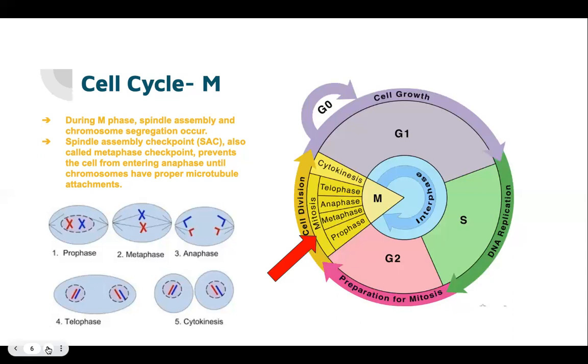So it's basically the point at which the cell allows the sister chromatids to be pulled apart, as you'll see in next week's mechanistic breakdown of it. But for now, I just need you to know that it prevents the cell from going into anaphase. But once it passes the checkpoint, it's allowed to pull those sister chromatids apart.